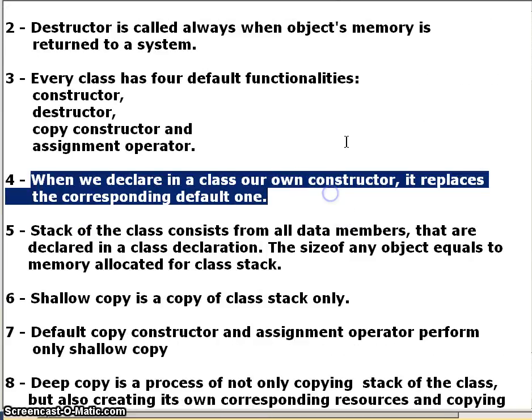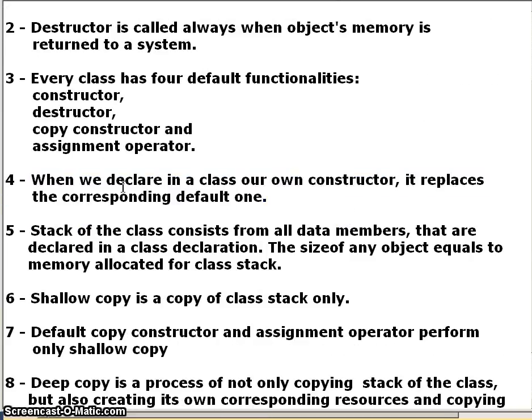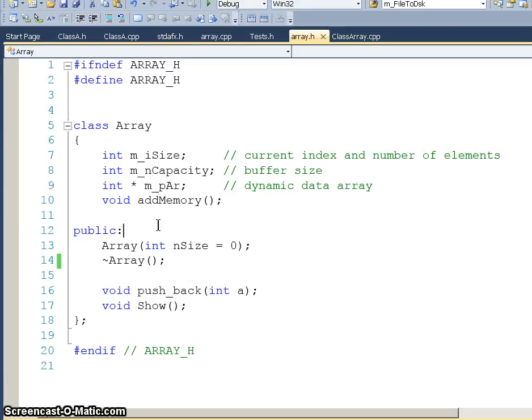This rule says that when we declare in a class our own constructor or copy constructor, it replaces the corresponding default one. So we must declare our own copy constructor.